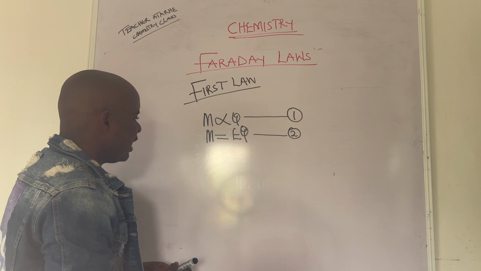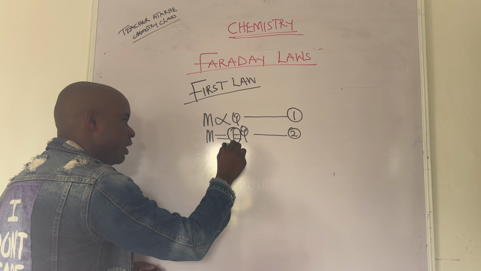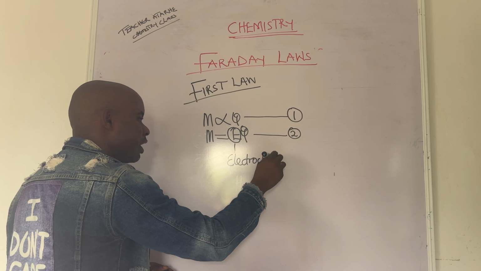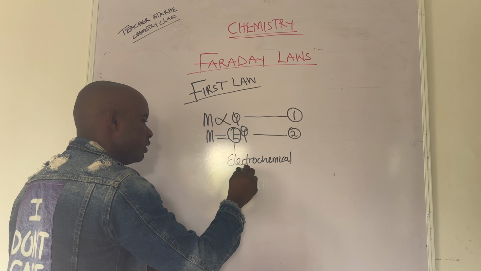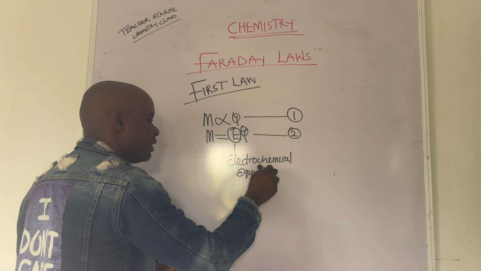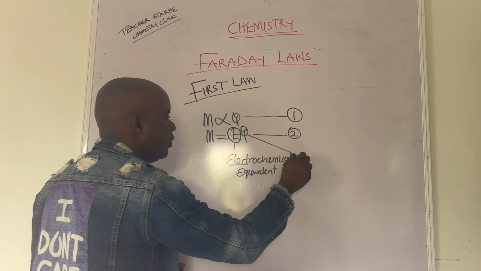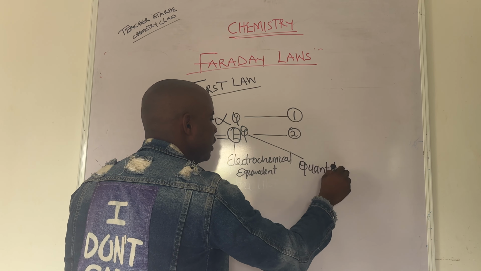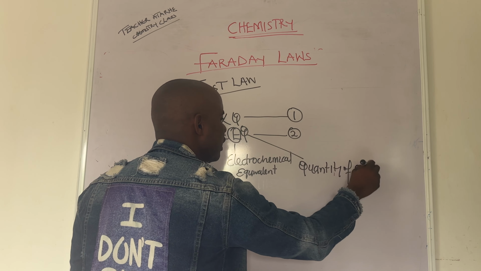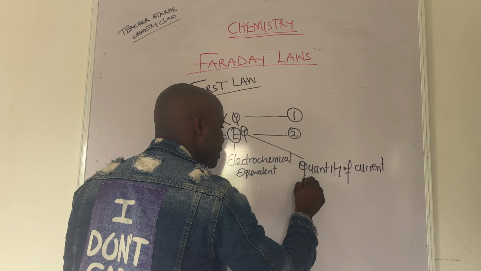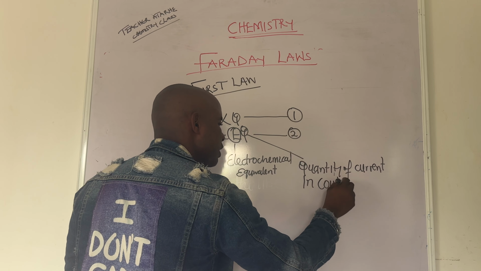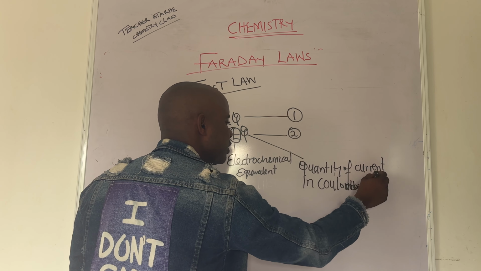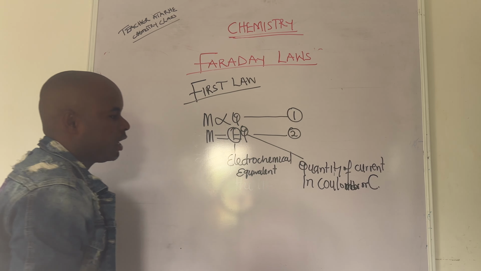Here Z is the electrochemical equivalent, given as a constant, and Q is the quantity of current, always given in coulombs, represented by capital C.